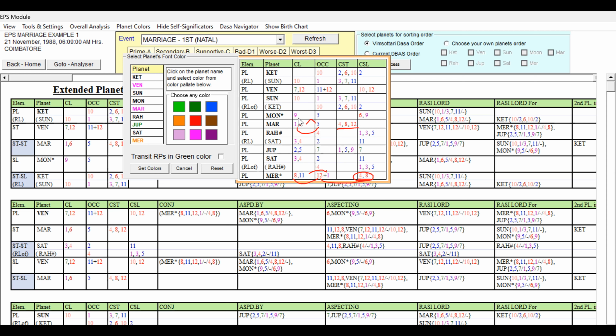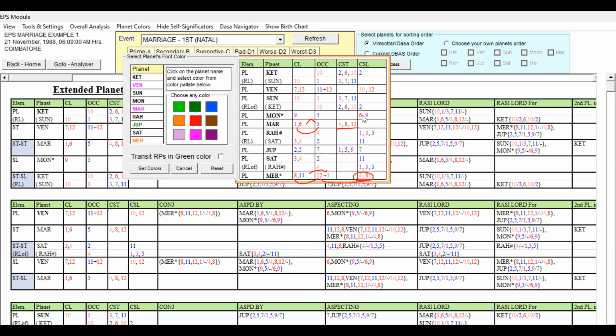Then 9th Lord occupying 5th house, but 6th sublord and 9th sublord. 6th sublord is an unfavorable primary cuspal sublord, but it is not having any other supports. Only 6th sublord, we cannot take it as unfavorable, but it is having some weakness for sure, but also 9th sublord, 9, 5, and 6 and 9.